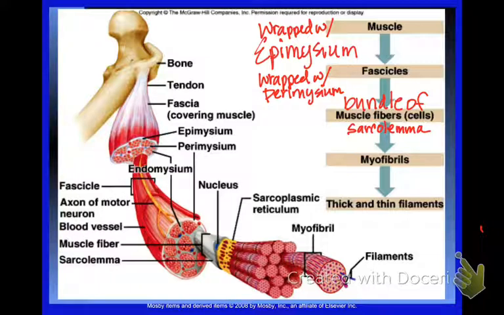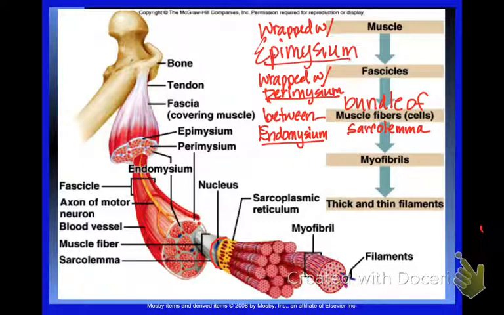And in between all the muscle fibers, we have the endomysium. So the sarcolemma is the wrapping around an individual muscle cell, and here we see it here. And then the space around the muscle cells is the endomysium.